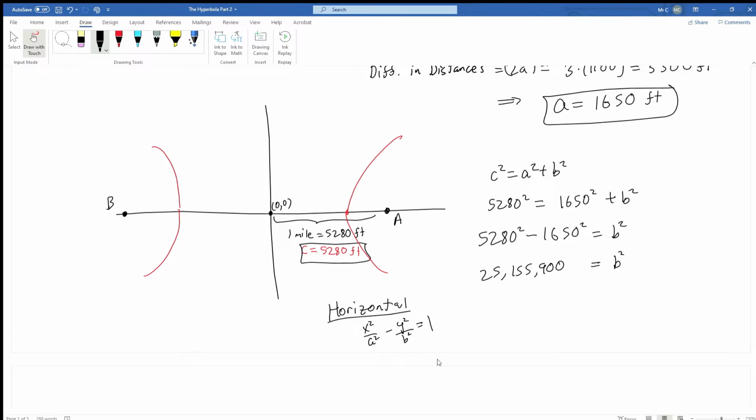So let's see what a squared is. This gives me x squared over 2,722,500 minus y squared over 25,155,900 equals 1.